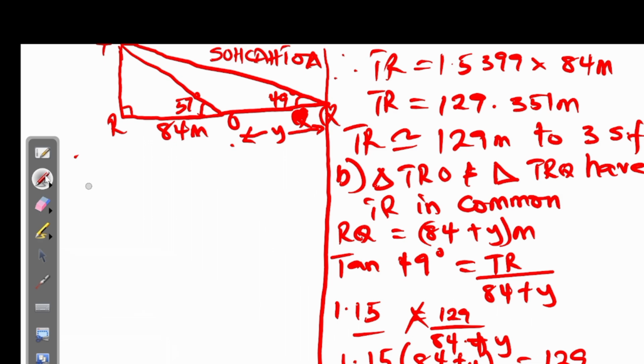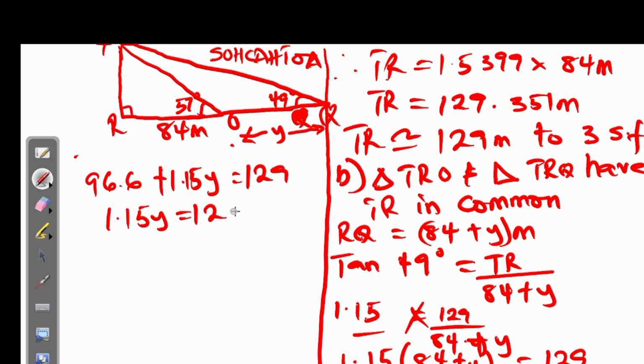Now 1.15 times 84 gives us 96.6, so 96.6 plus 1.15y is equal to 129. We now move 96.6 to the other side. When it crosses, it becomes minus 96.6.